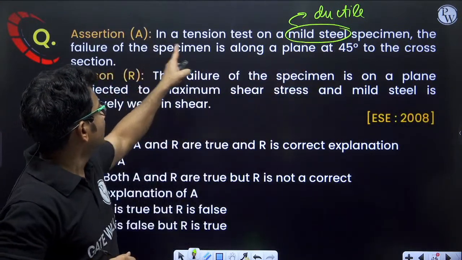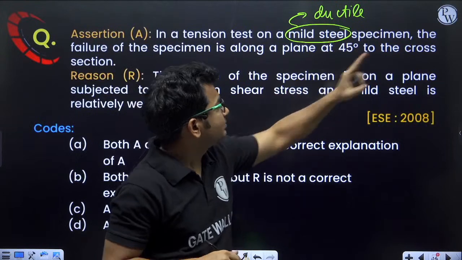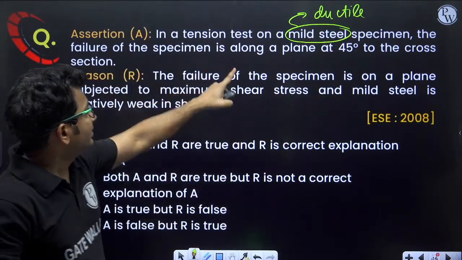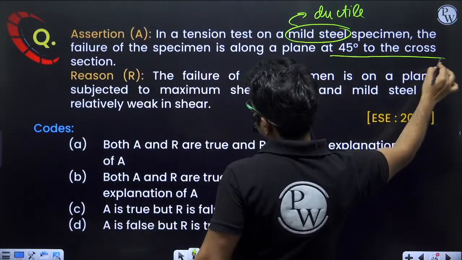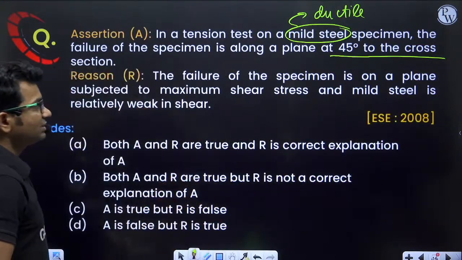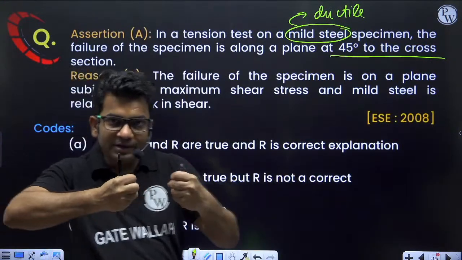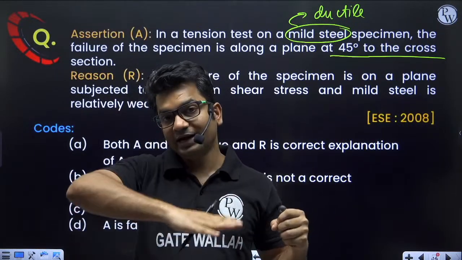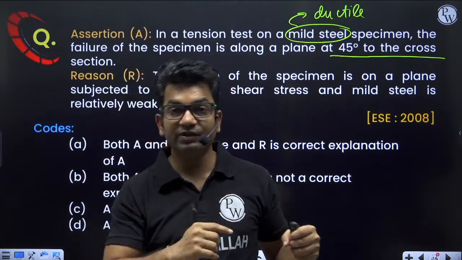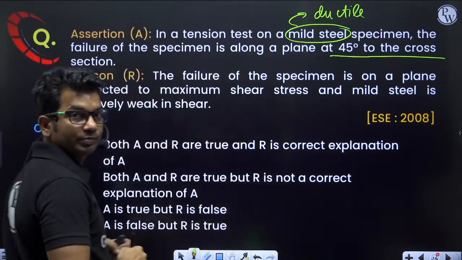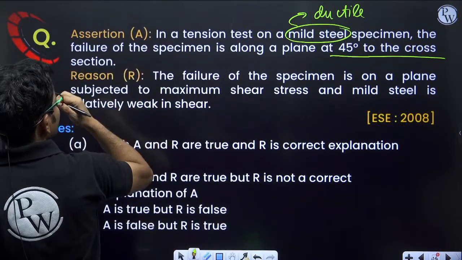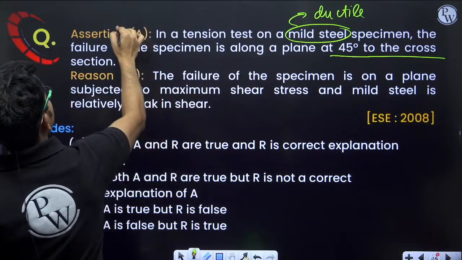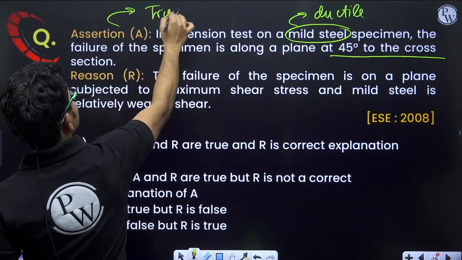If I apply tension, mild steel is subjected to tension loading only, but at a 45 degree angle it is subjected to shear. Maximum shear is at 45 degrees and failure will be along that plane. So this is true.